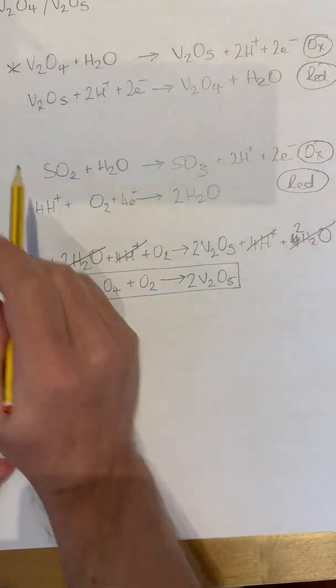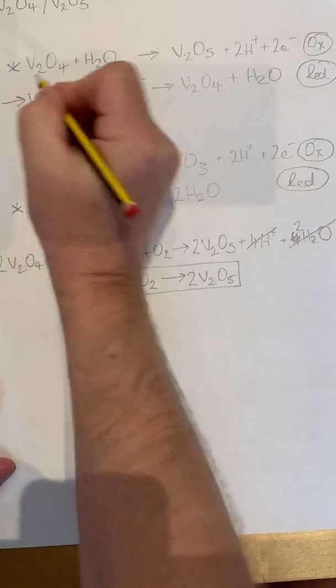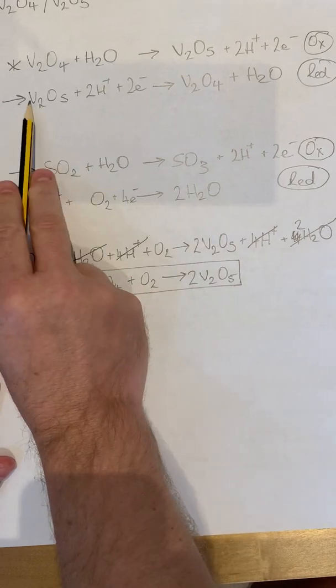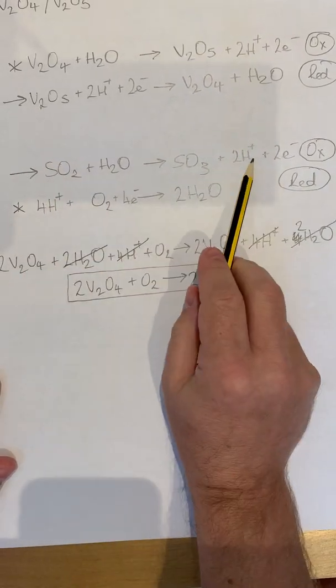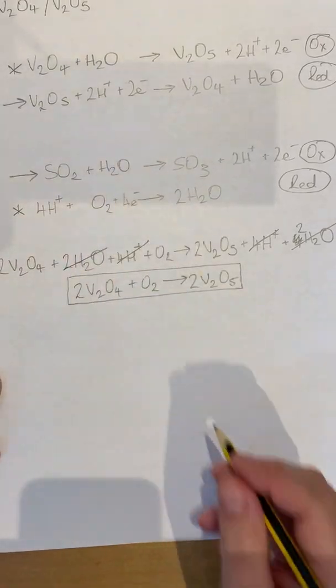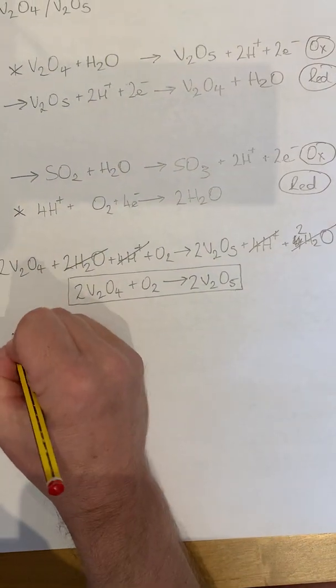Now I'm going to look at the other, this one and this one. Reduction with oxidation. Now luckily, 2 electrons in each, so I can just combine the reactants and combine the products.